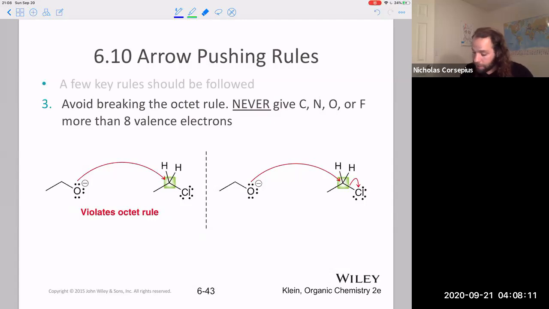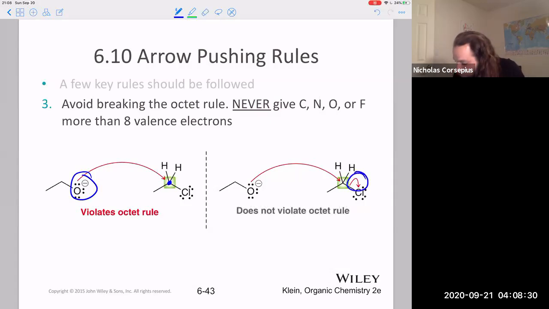Let's say that you realize that this is your nucleophile, this ethoxide ion here, and you have this carbon that you want as your electrophile, and you know you need a nucleophilic attack. That's great, but it has to be accompanied by the loss of a leaving group, for example here, so that you don't violate that octet rule.